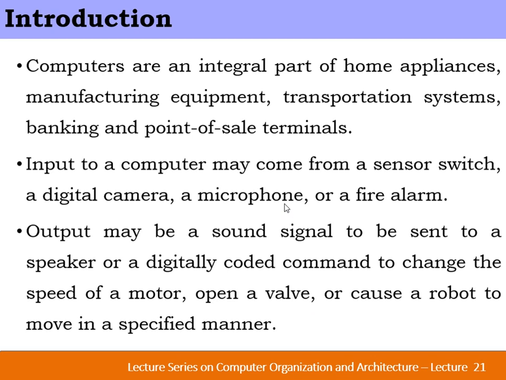Depending upon the application, a computer can take input from any kind of input device, and after processing it may generate different kinds of outputs for the different types of devices connected to the computer system.